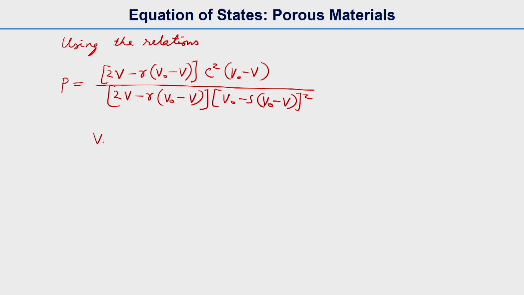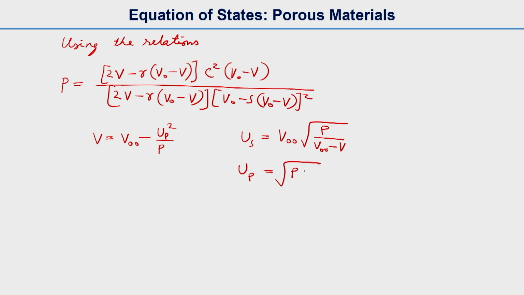And where this V can be related with the particle velocity like that, and here US is P V double naught V, and then UP is equal to P V double naught V.